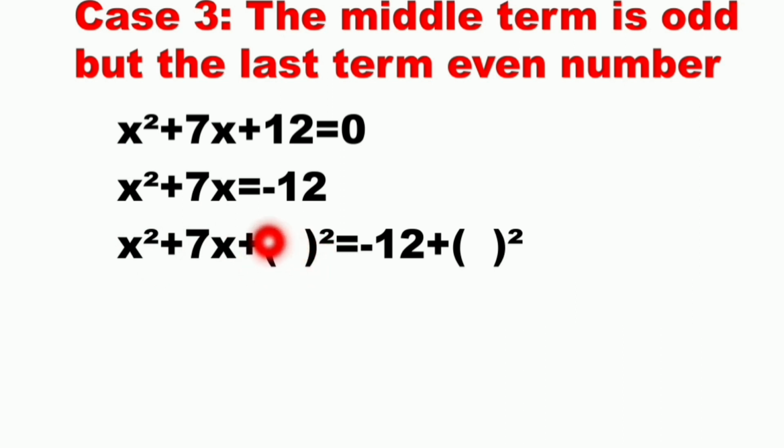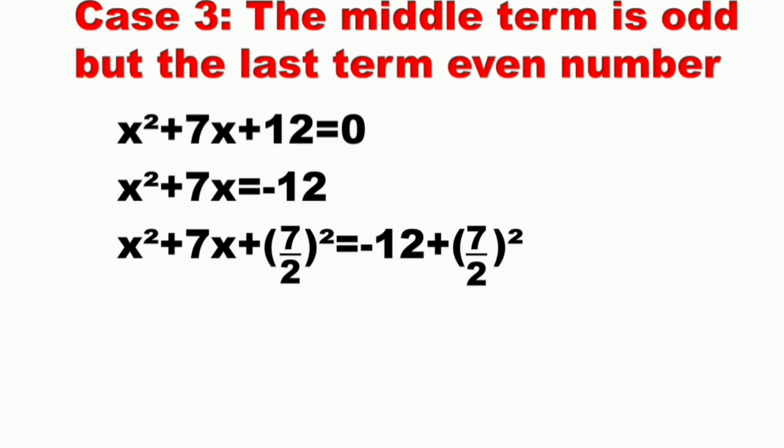So that number is added to the left side of the equation and to the right side of the equation to maintain the equality. And that number comes from the middle term, which is 7 over 2. So 7 is not divisible by 2 without a remainder, but we are not going to stack that remainder, so this 7 over 2 remains.